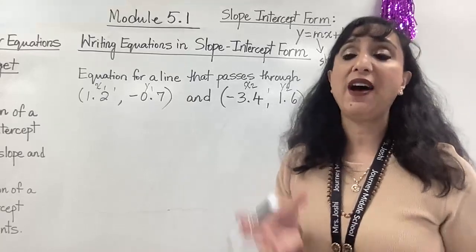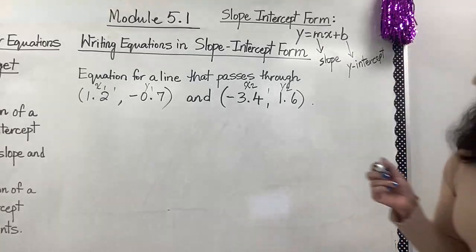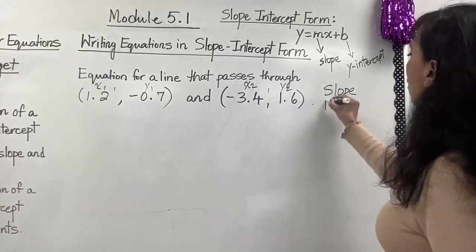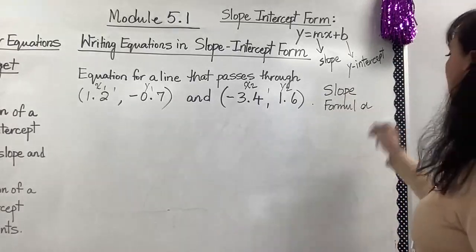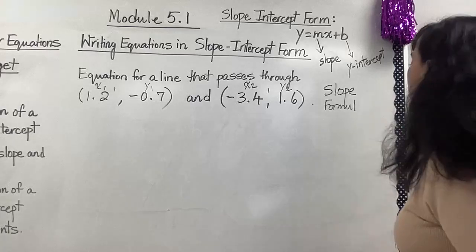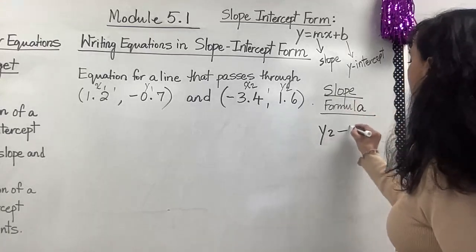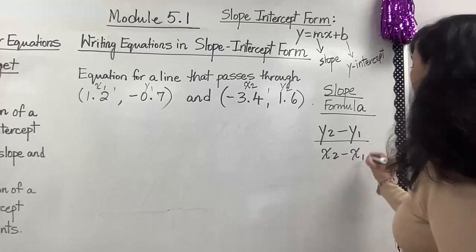I need to first find the slope. Okay, so if I am finding what is my slope formula now? My slope formula, okay, my slope formula is y2 minus y1 over x2 minus x1.